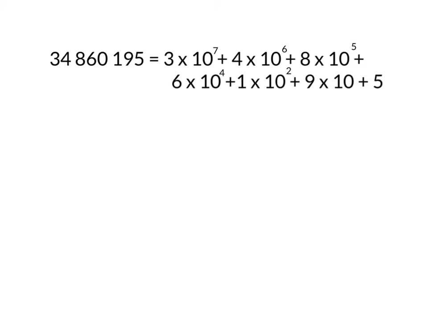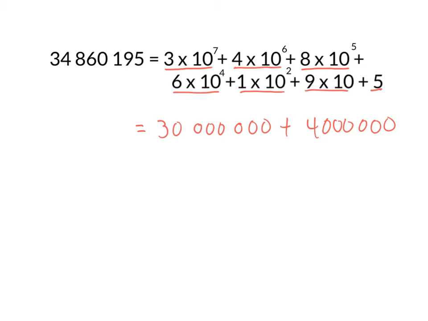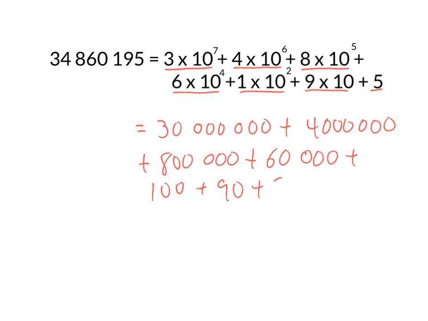One more thing that you should recognize here is that the rules of BEDMAS do apply. So if we're going to put this number back together, we would do all the multiplication steps before doing the adding. And that would take us back to the 30 million plus 4 million plus 800,000 plus 60,000 plus 100 plus 90 plus 5.